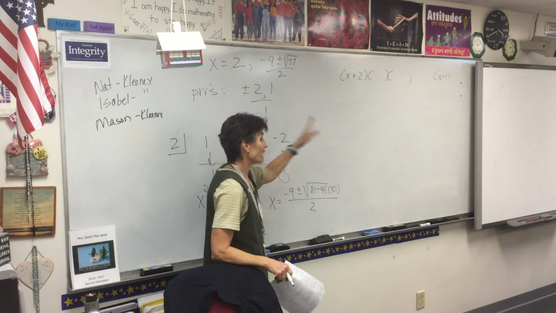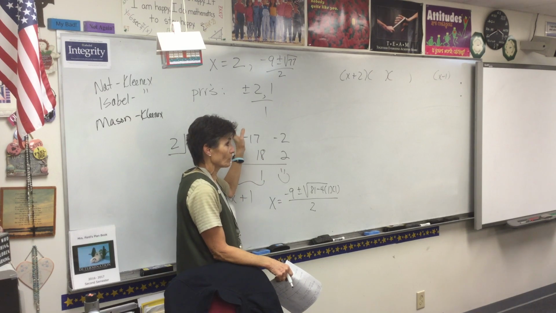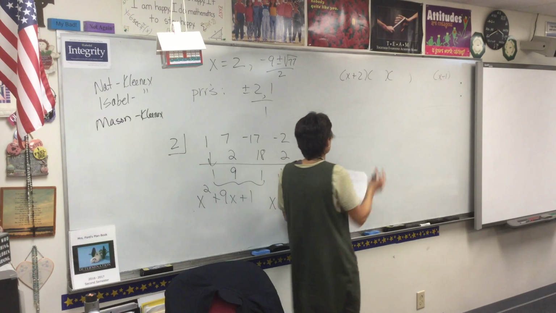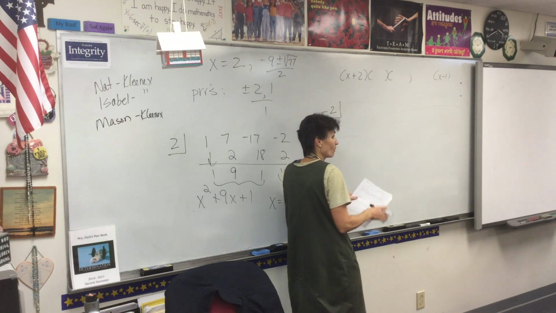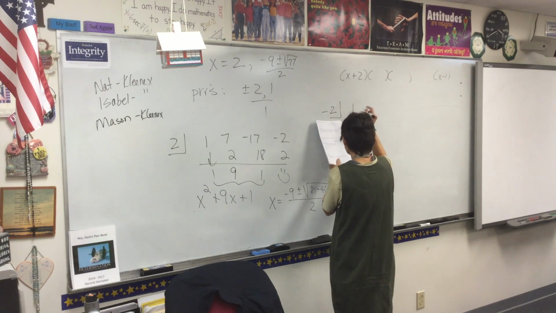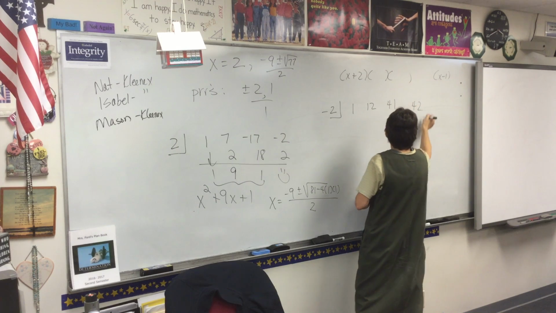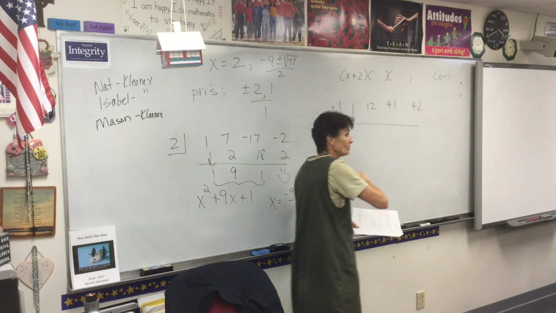Kids, these are exactly the same problem. The only difference is here you were left on your own. You had to guess. Here you don't even have to guess. They're telling you to divide out negative 2. Why am I dividing out negative 2? Because the factor is x plus 2.